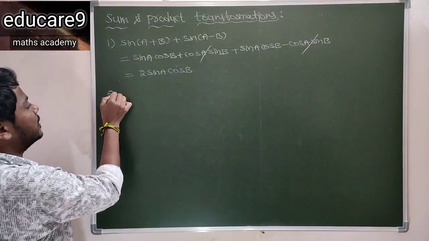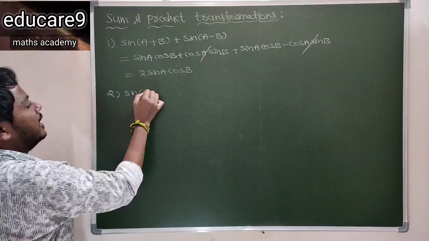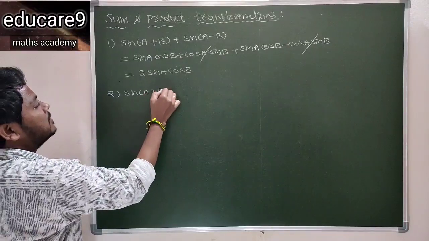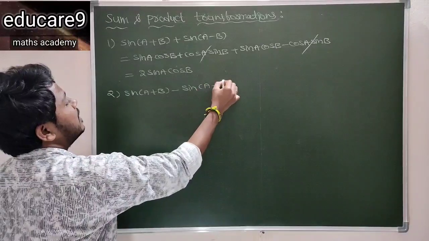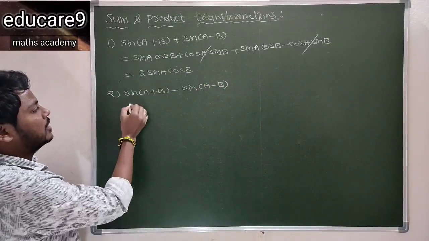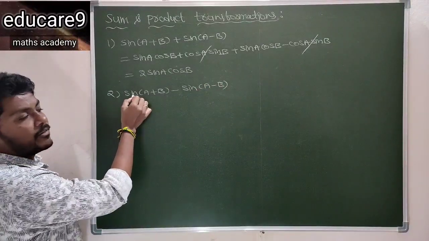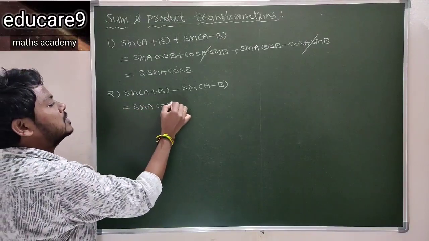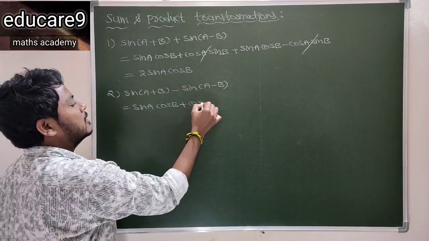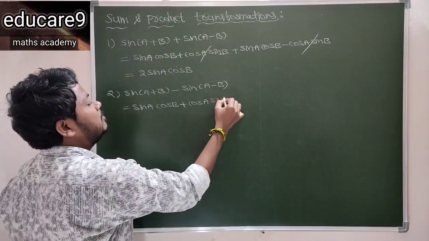And the second one, sin of a plus b minus sin of a minus b. So here what do you get? First we have to write the sin of a plus b formula: sin a cos b plus cos a sin b.